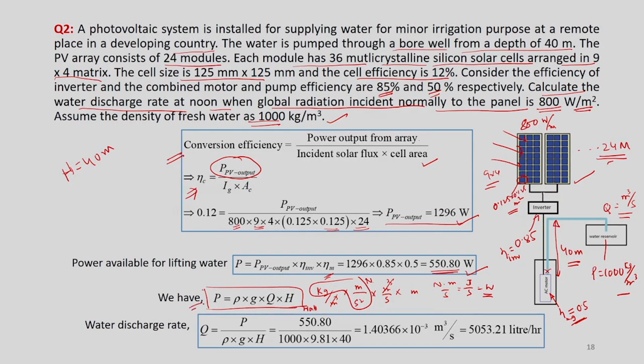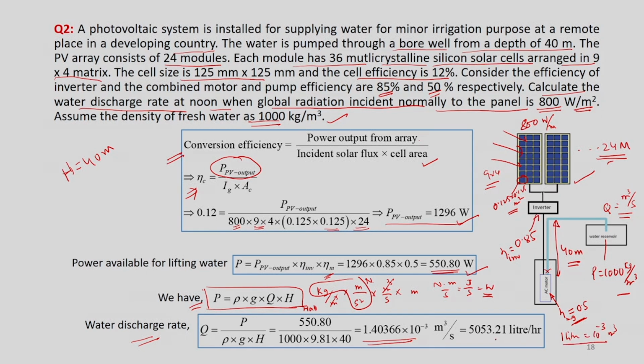Once we know this, we can equate the power available for lifting water with the power required to lift. If we calculate Q, we will get a value in cubic meter per second, which can be converted, because we know 1 liter is equal to 10 to the power of minus 3 cubic meter.